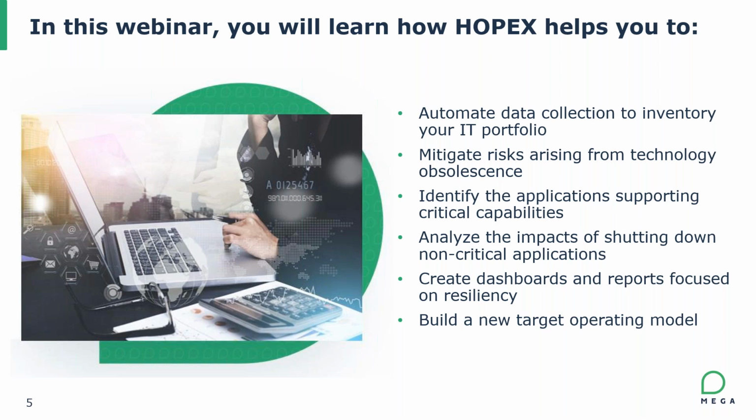This is very important for us. And we will analyze the impact of shutting down maybe non-critical applications or critical applications. What's the impact? How can we graph all of that automatically with HOPEX, and how HOPEX will help you to do that? And we'll build also dashboards focused on resiliency, and we will all see that in a demonstration, of course.